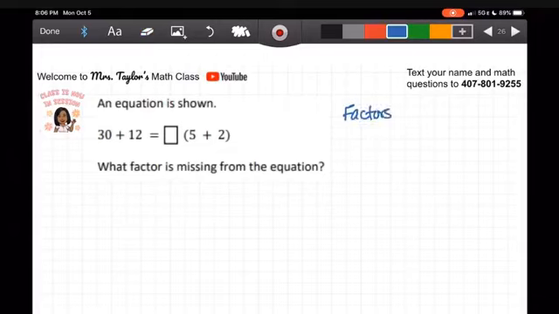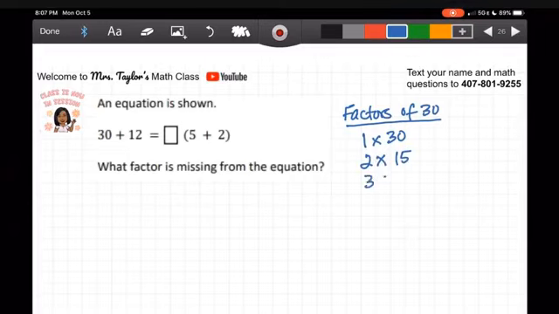So factors of 30. I know I have 1 times 30, 2 times 15, I could say 3 times 10. The number 4, no, I could do 5. 5 times 6, and I think that's where I want to be.